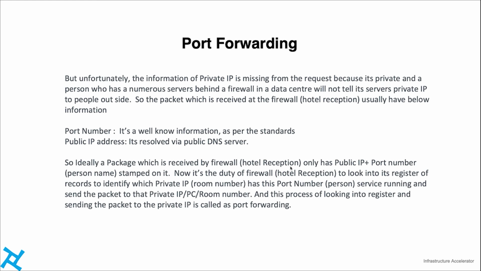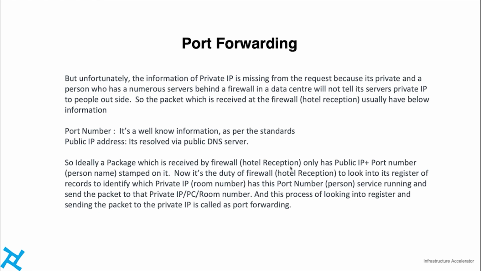So the packet which is received at the firewall, at the hotel reception, which is equivalent to our firewall, usually will have the below information: a port number. This is well-known information. I told you, IANA has already published it. It could be HTTP port 80 or SMTP port 25 or RDP port 3389. It's a well-known standard. And a public IP address.